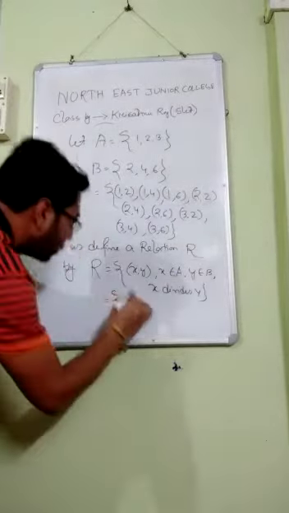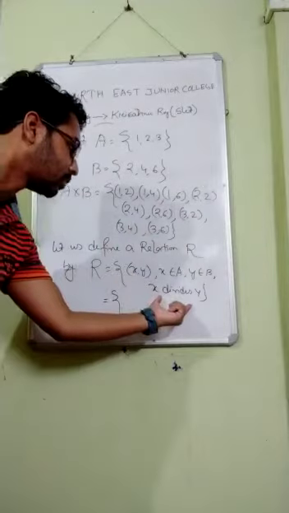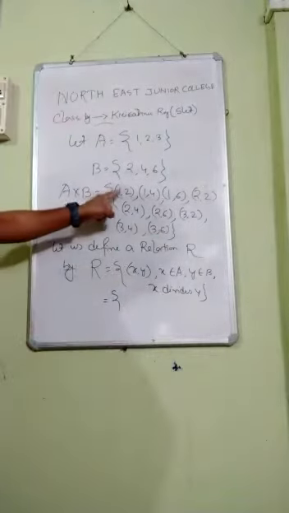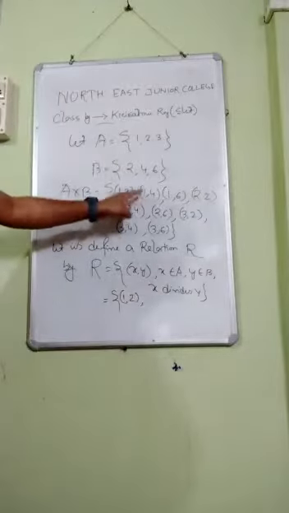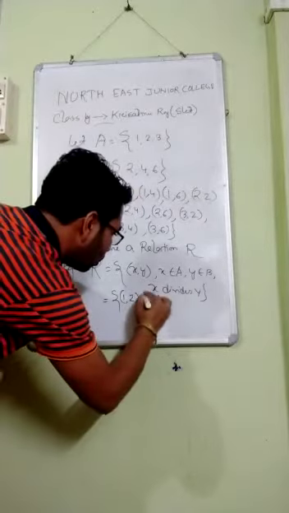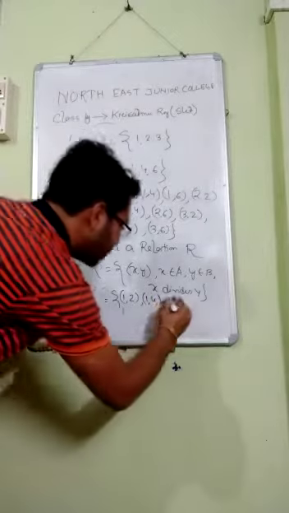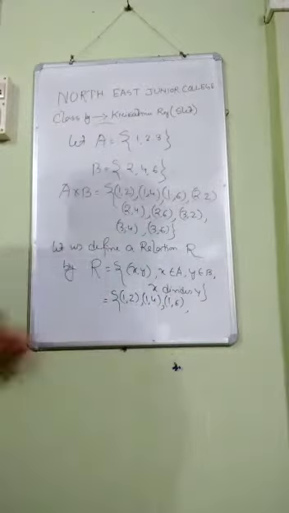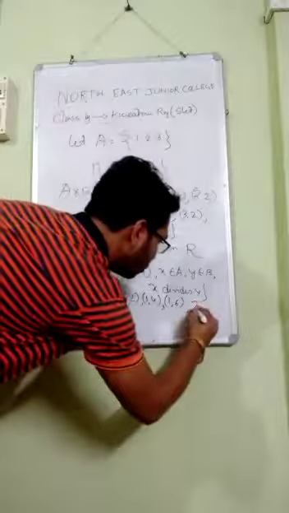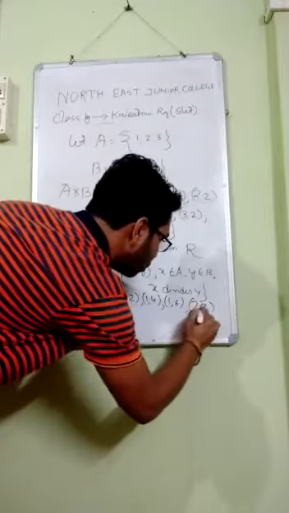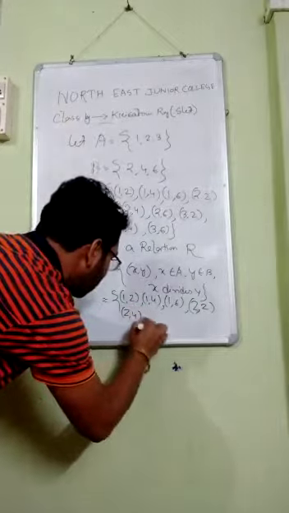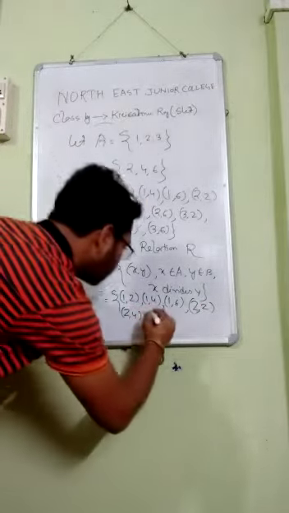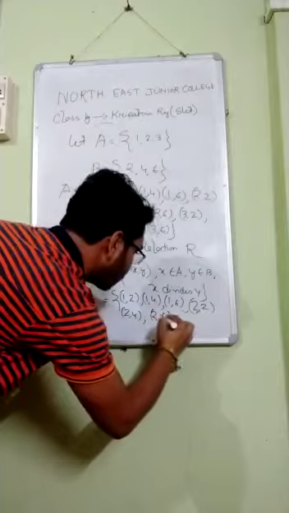So what are the ordered pairs respective to this? See, 1 divides 2, 1 divides 4, 1 divides 6: (1,2), (1,4), (1,6). 2 divides 2, 2 divides 4, 2 divides 6: (2,2), (2,4), (2,6).